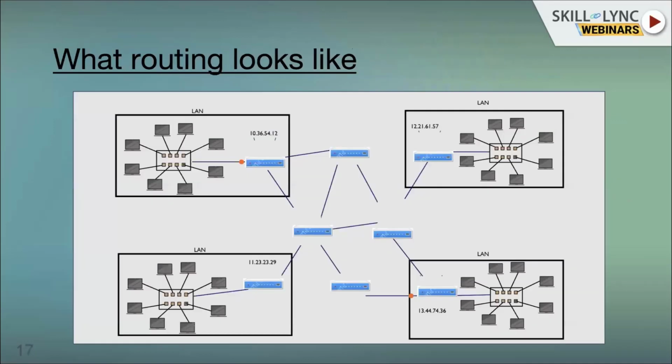If you see this figure, whatever I explained will be clearly understood. You have one subnetwork here, here also one subnetwork, here is one subnetwork, here is one subnetwork. So the internet is like a combination of multiple subnetworks, which we call a LAN here, local area network.